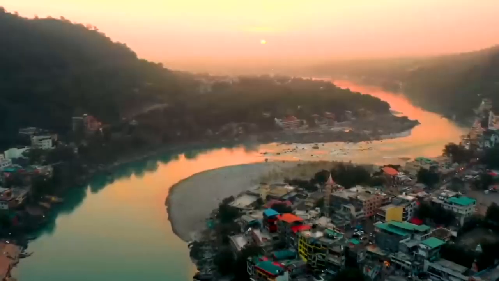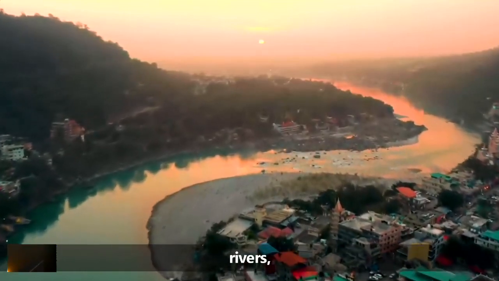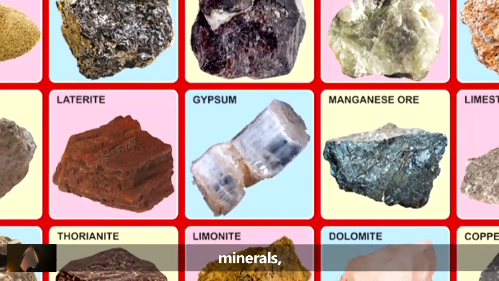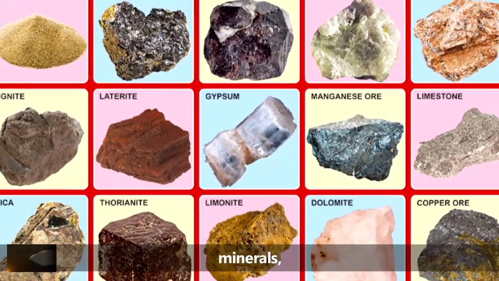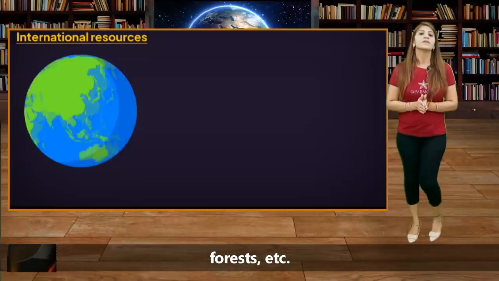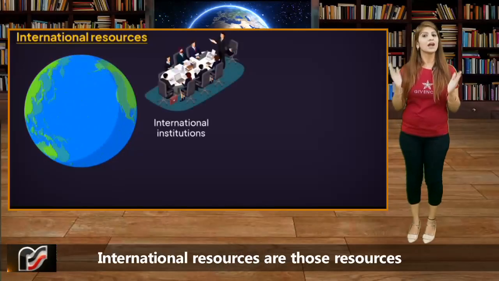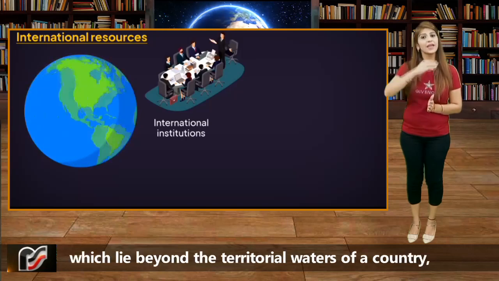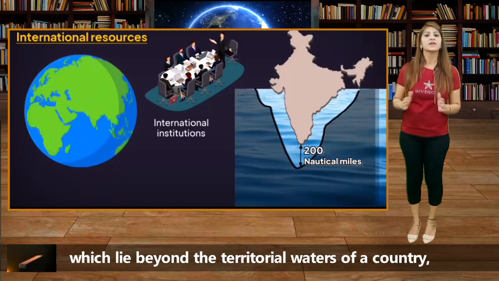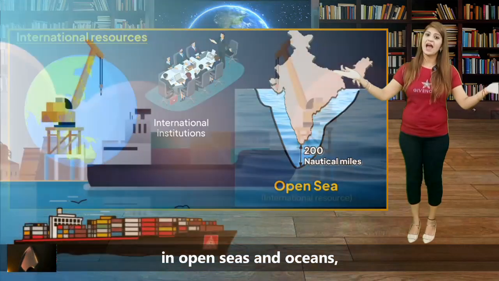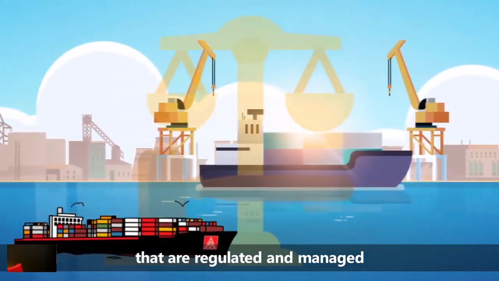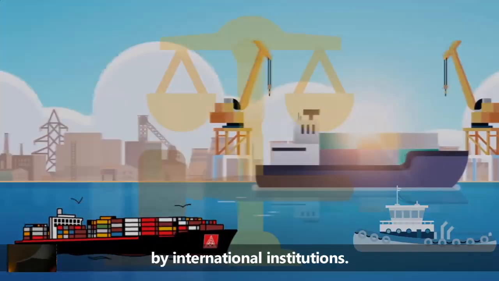For example, rivers, minerals, forests, etc. International resources are those resources which lie beyond the territorial waters of a country in open seas and oceans that are regulated and managed by international institutions.